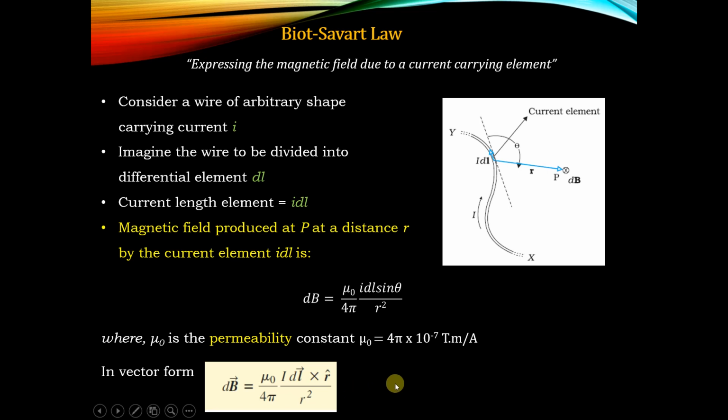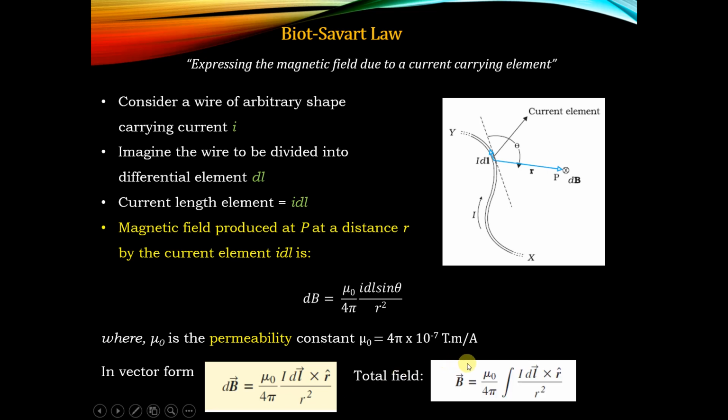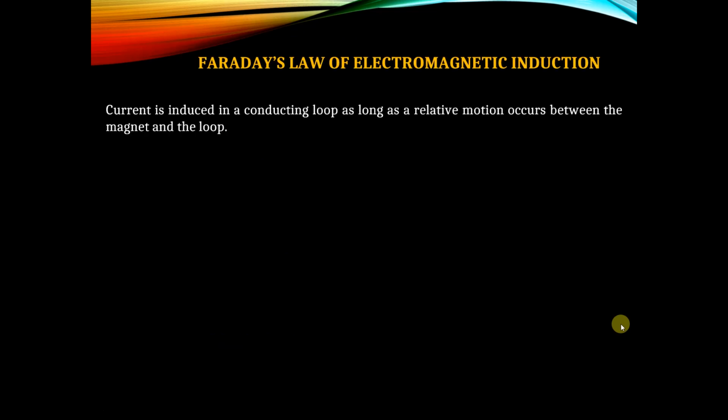And obviously I'll get the total field if I integrate it throughout the full length of the wire. Then the total magnetic field, vector B, is equal to mu naught by 4 pi integral I dl cross unit vector r by r square. So just integrate throughout, and you will get the total magnetic field. So that's the Biot-Savart law.